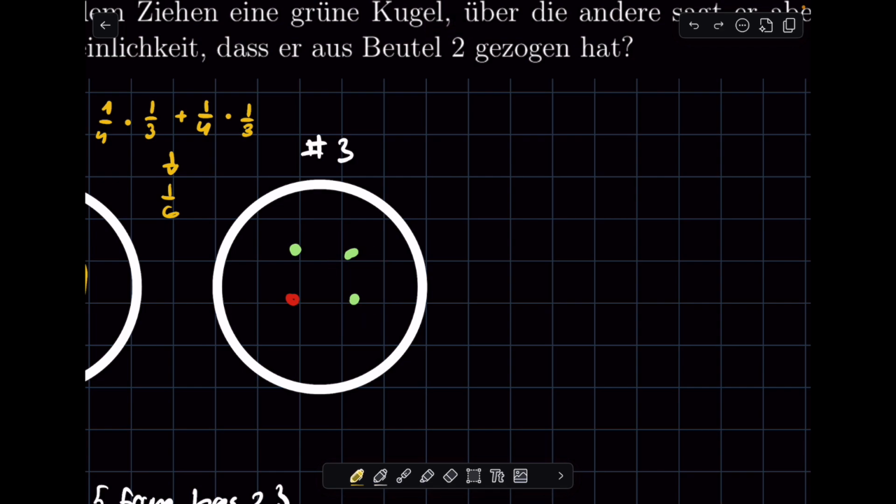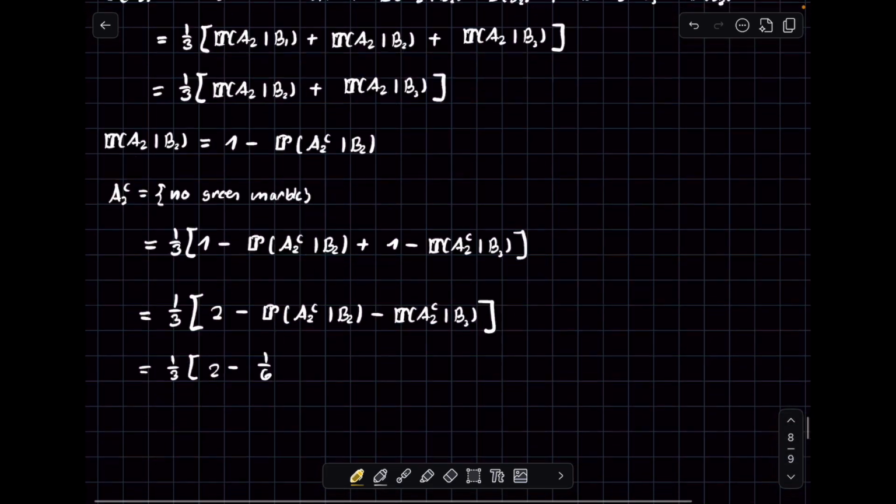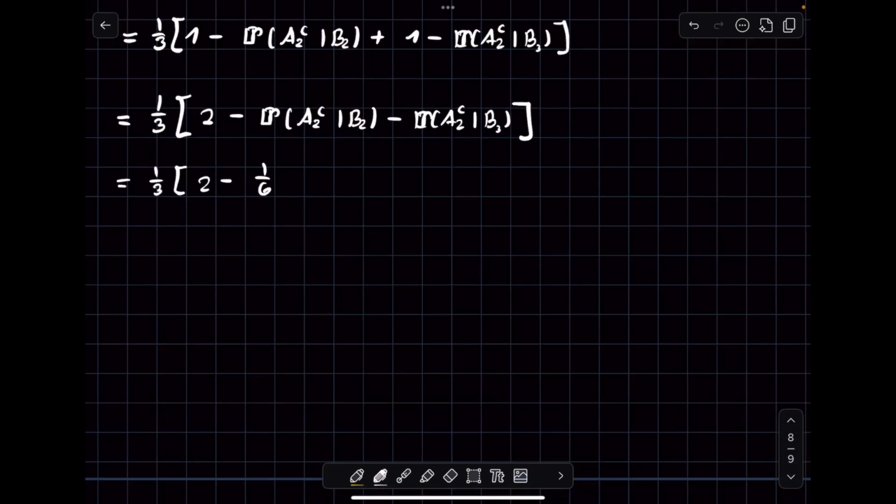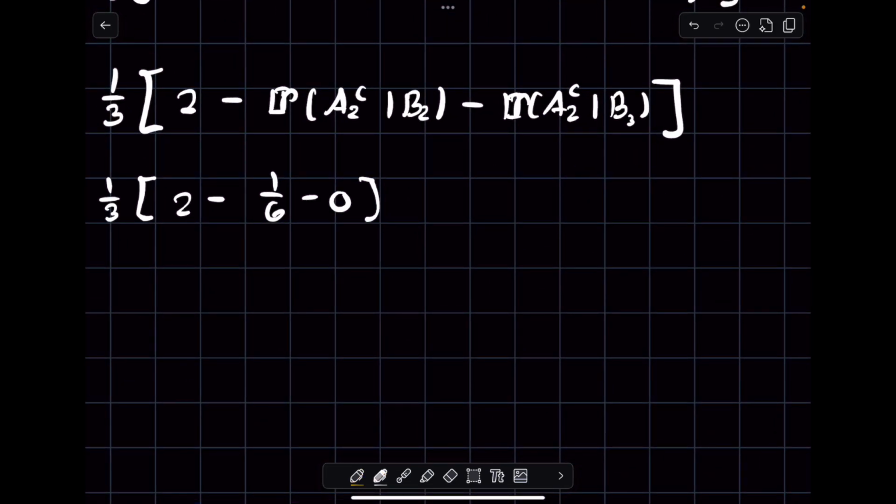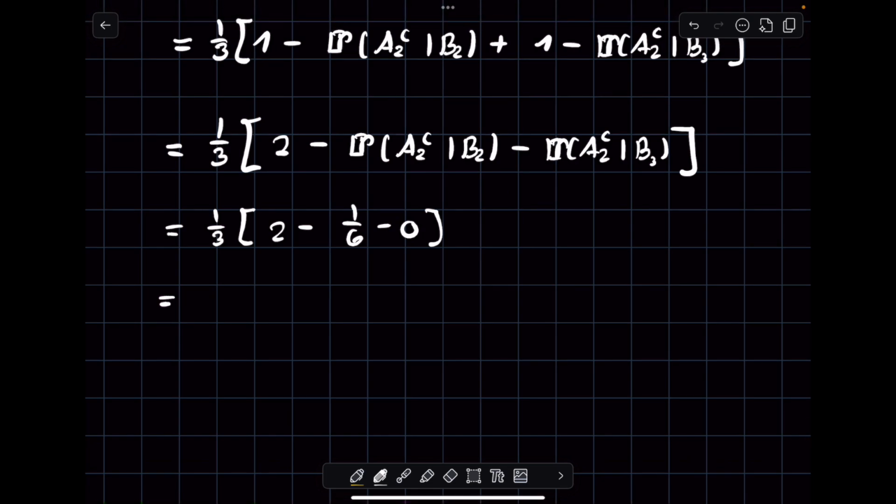Because let's say the first draw, we don't get it, it's 1/4, right? Because we have only 1 red amongst 4 marbles. And then the second draw is impossible because there's no probability of us getting not a green marble. So it's going to be 0, meaning that this cancels out, right? So once we multiply and add this up, we're going to get 11/18, right?